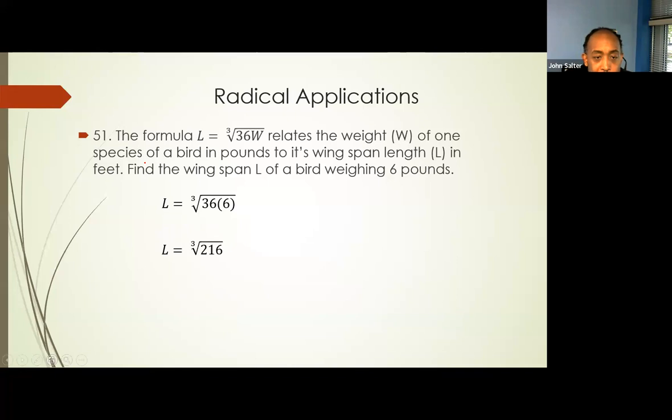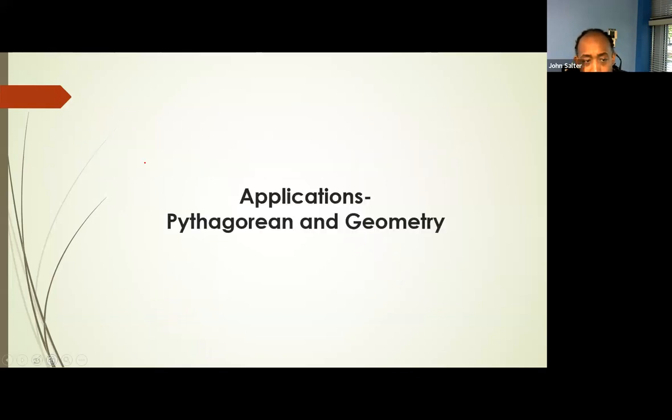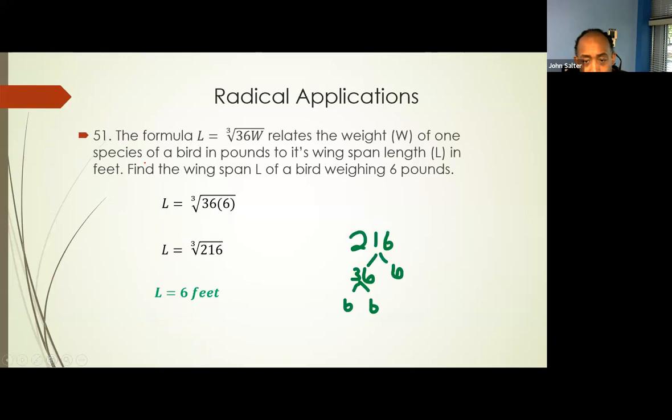Do a little multiplication, I get cube root of 216. If I plug that in the calculator, or use a factor tree, it looks like it breaks down into 6. Cool beans.